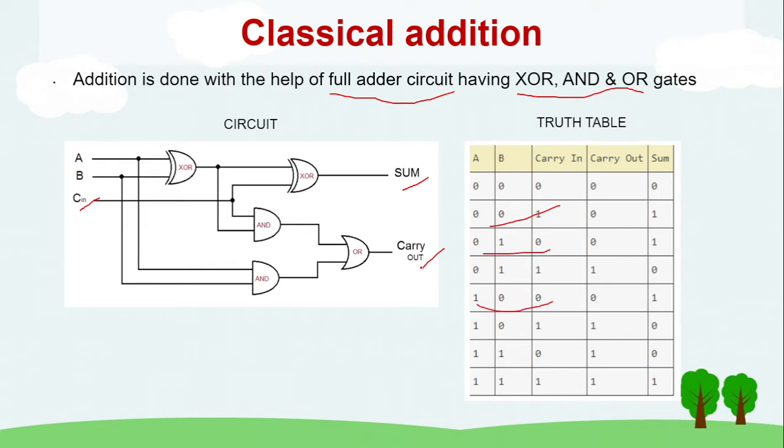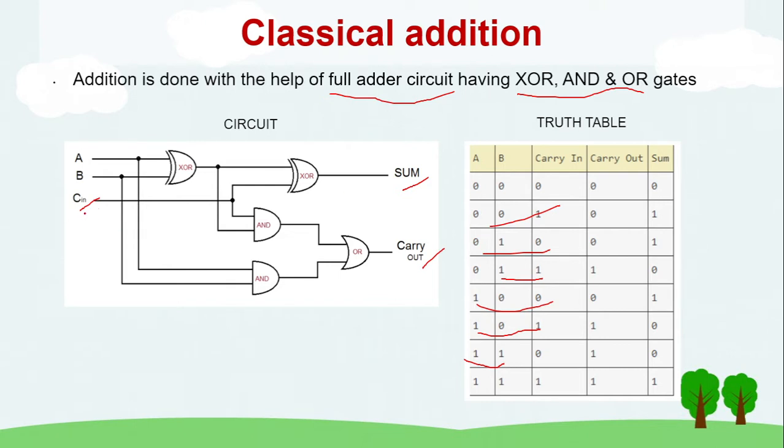The carry bit will be set when more than one of these three bits is set. For example, B and carry in is set here, A and carry in is set here, A and B are set here. At that time you will get 1 in carry out.